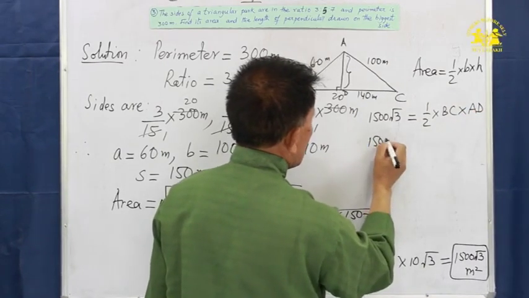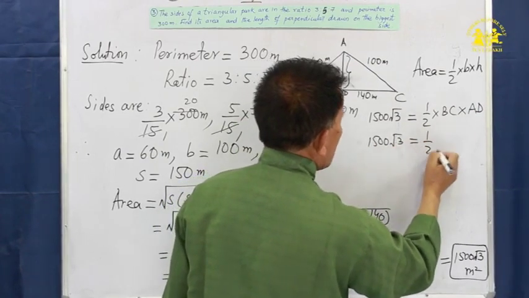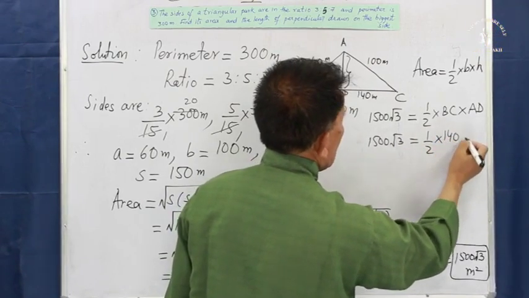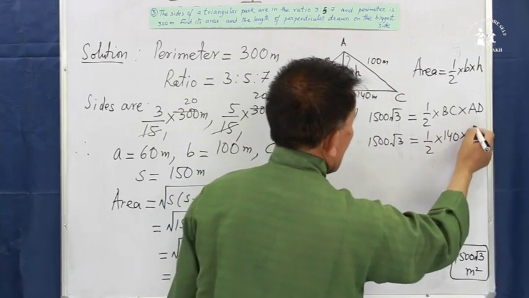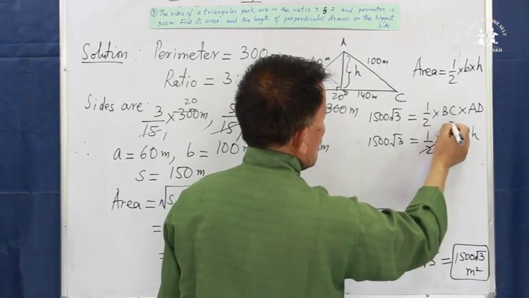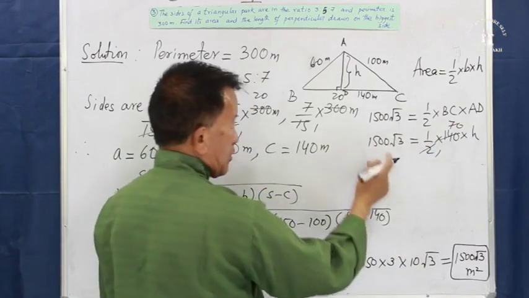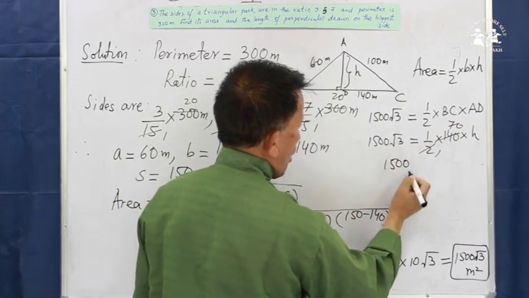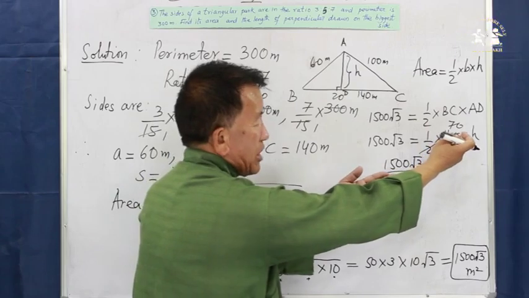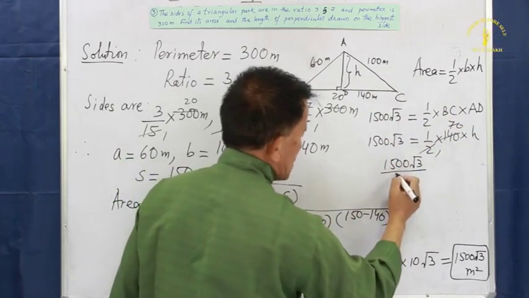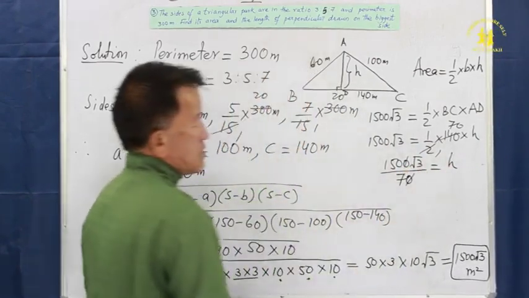So 1,500 square root of 3 is equal to half into BC, which is 140, into AD, let's say H. Half of 140 is 70. So we take 1,500 square root of 3 divided by 70 is equal to H. 0 and 0 cancel.